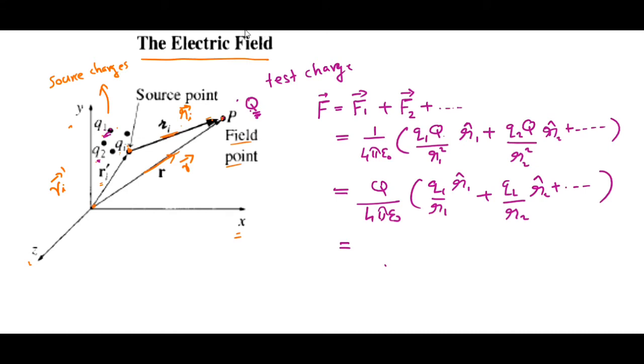Then I can write this expression as 1 by 4 pi epsilon 0 into Q1 by R1 square, actually here we should have square, and Q2 by R2 square, this term.